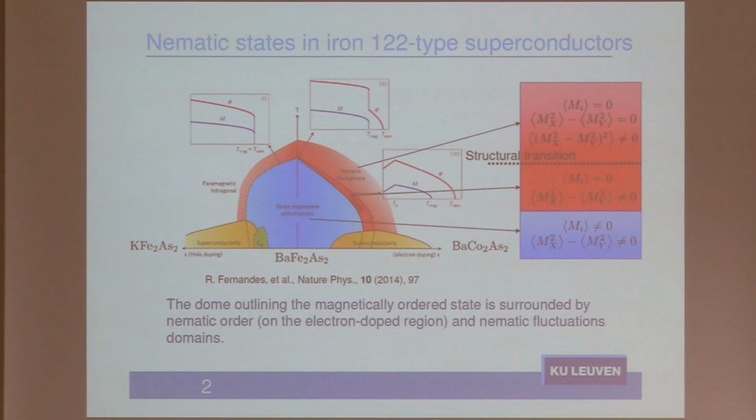So what is the nematic state? What is the order parameter of the nematic state? A nematic state is a state in which the rotational symmetry is broken. This can be a normal structural phase transition. This can be an orbital phase transition, where the orbital populations of dxz and dyz orbitals are different.